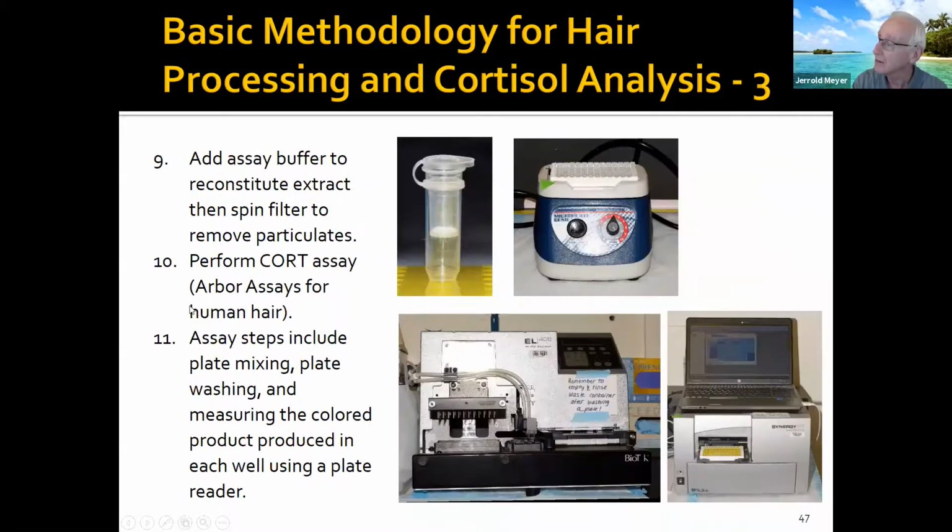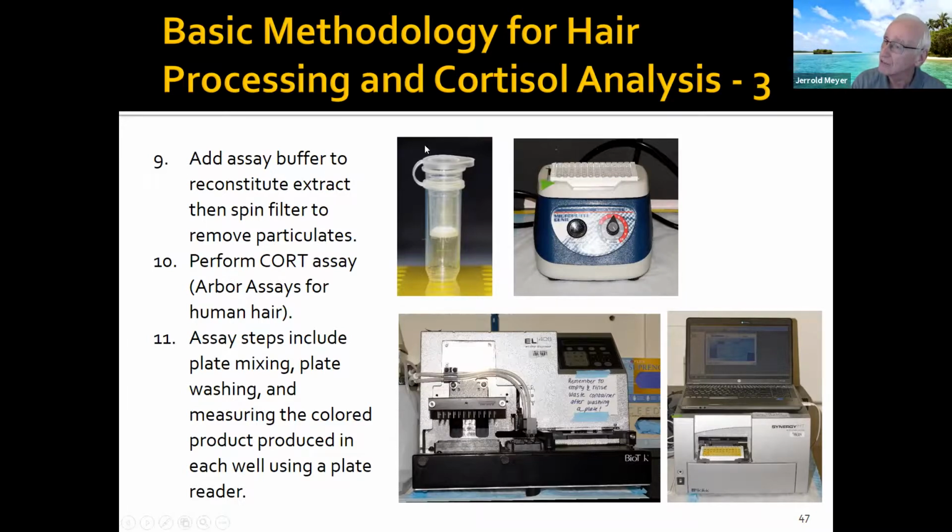And then we add assay buffer to reconstitute the extract. So now the cortisol, a tiny amount of cortisol, and it is tiny, that we've extracted from the hair, is down near the bottom of the tube, on the wall of the tube. We need to get it back into solution.